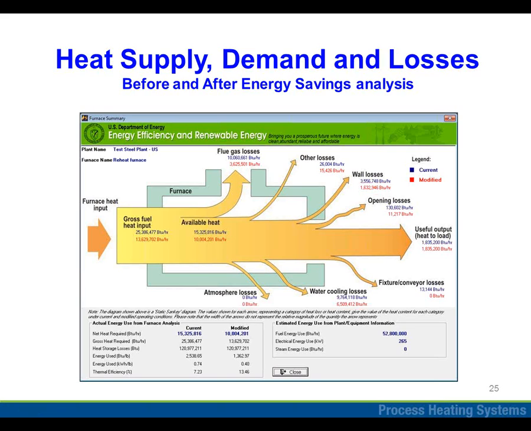What if we install a recuperator, or we recover or recycle waste heat from these flue gases and use it for some useful purpose? In that case, you are going from 10 MMBTU per hour to 3.6 MMBTU. So our point is, along with this Sankey diagram showing different types of losses, this tool is also giving you current and modified operation.